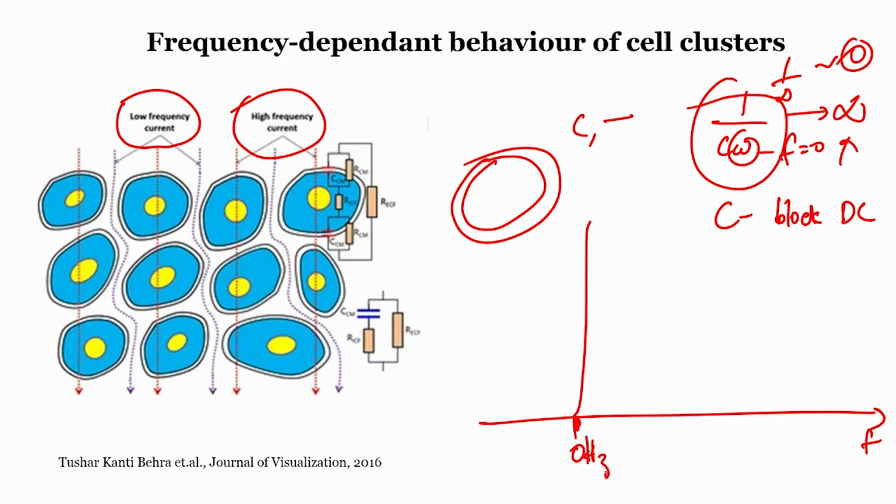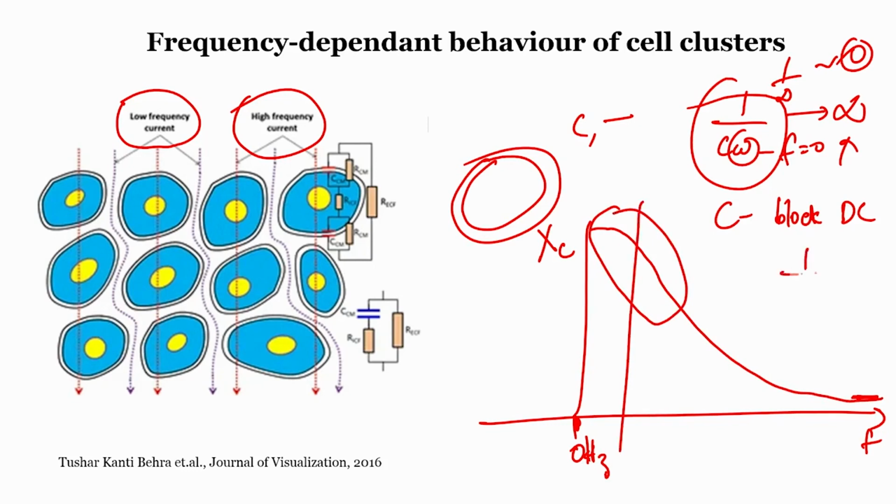Let us say this is the impedance of the capacitor: at very high frequency the capacitive impedance is low, and at very low frequencies the capacitive impedance is very high, right. That means it is very difficult for the current to pass through at lower frequencies because of this 1 by C omega relation, which is very obvious, I think all of you understand.